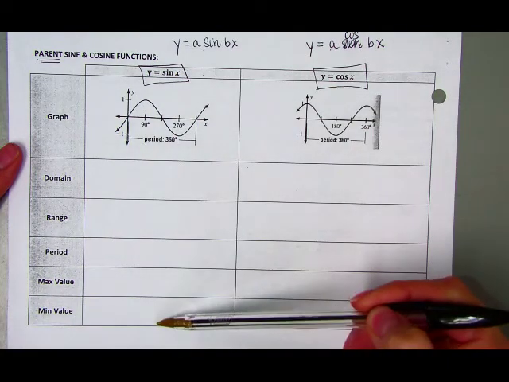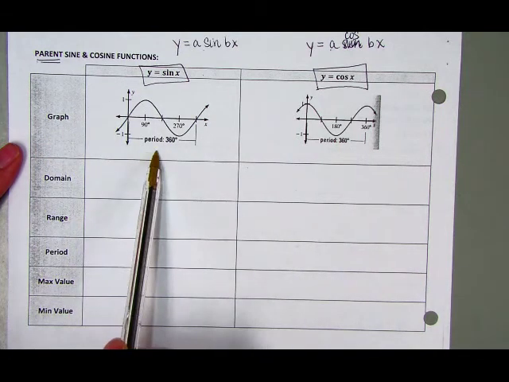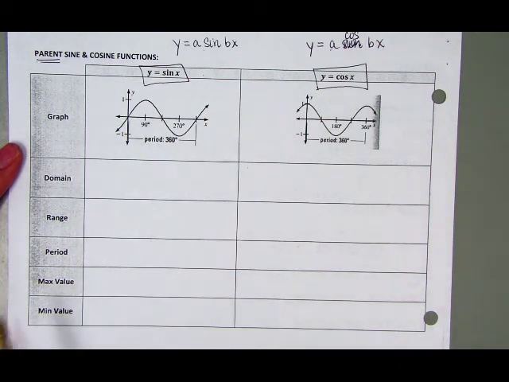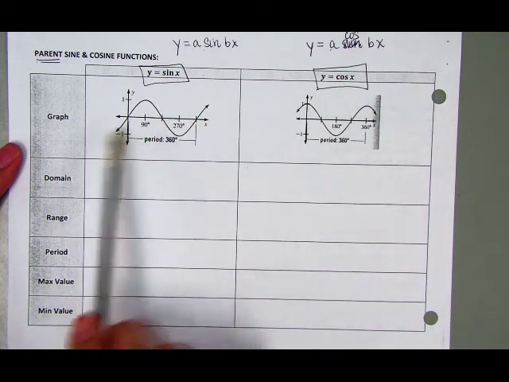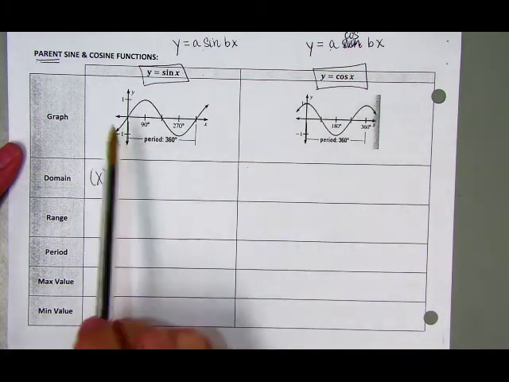So along the column for sine, we know what our general graph looks like. We know that it goes through 0, 0. It's got one max and one min. So our domain from left to right, our domain again deals with our x values.